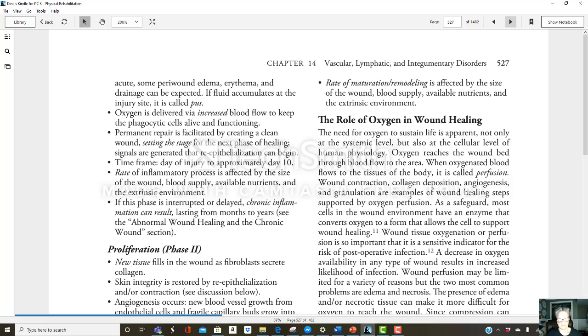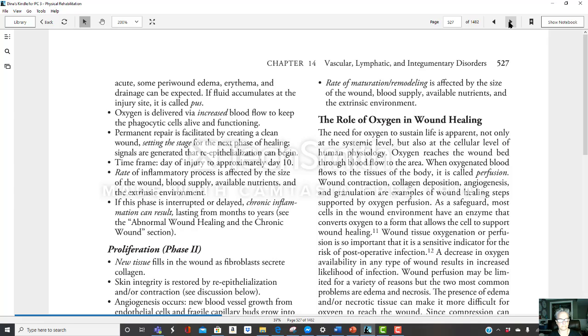If fluid accumulates at the injury site, it is called pus. Oxygen is delivered via increased blood flow to keep the phagocytic cells alive and functioning. Permanent repair is facilitated by creating a clean wound, setting the stage for the next phase of healing. Signals are generated that reepithelialization can begin. Time frame: day of injury to approximately day 10.